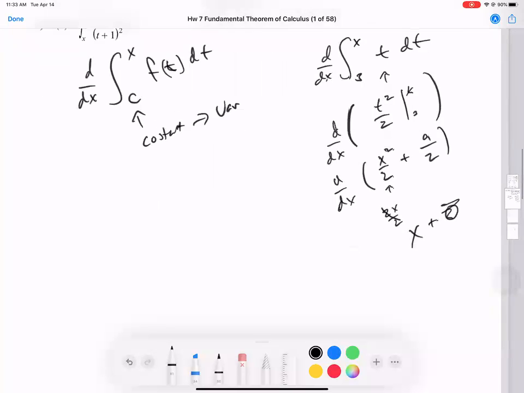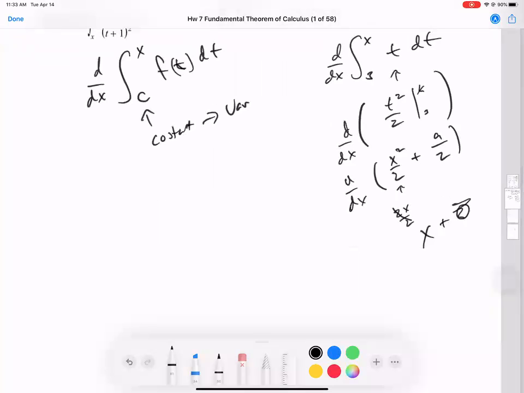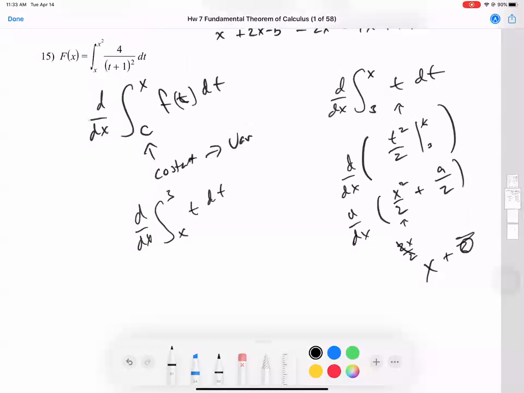Now, if I have this in the wrong order, if I wrote d over dx of the integral from x to 3 instead, okay, only difference is I just flipped it. It's not going to be a simple plug-in. Now, looking here, if I gave you the variable on top and I just plug it in, that's the answer we get after we take the derivative, okay?